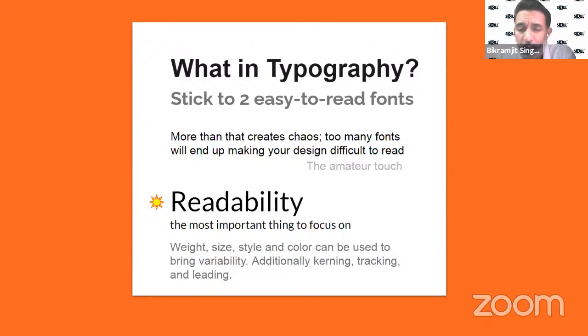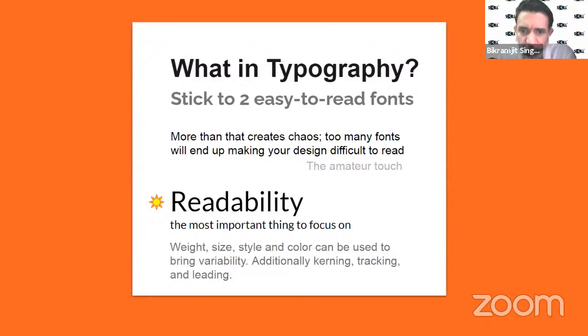Now remember, readability should be the first focus while choosing a font. Whether you're designing a visiting card, a leaflet, a brochure, or anything, readability should be the first one.